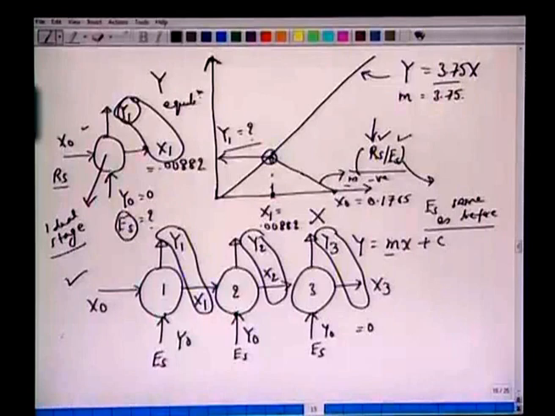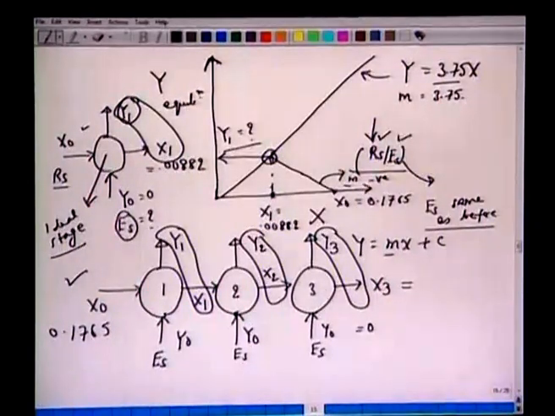X0 is given to us same as before, 0.1765, and x3, the stream which comes out from stage 3, this concentration is also given, 0.0082. So, these two are the same as before.